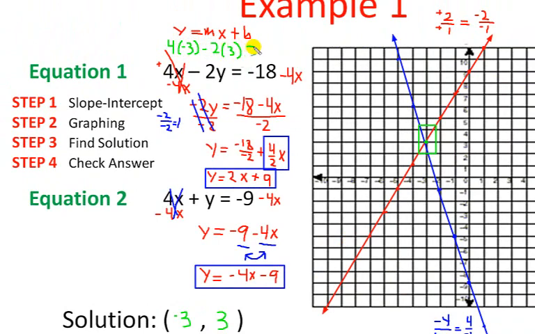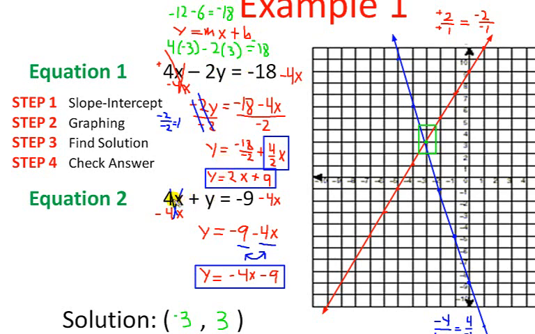And I want to see if these equal negative 18. Alright, so 4 times negative 3 is going to give me negative 12. Minus 2 times 3 is going to give me 6. And if I take negative 12 minus 6, yes, I do get negative 18. So it worked in that equation.